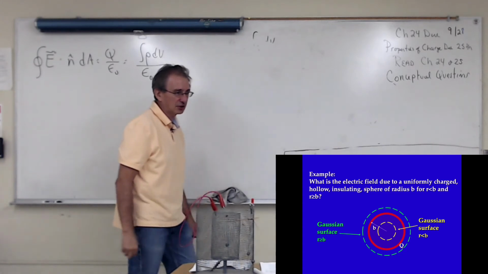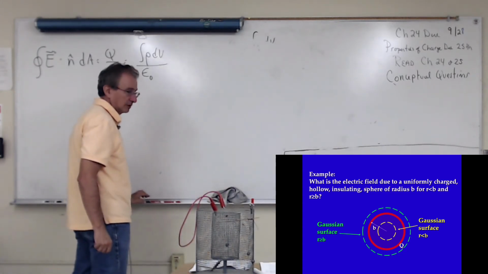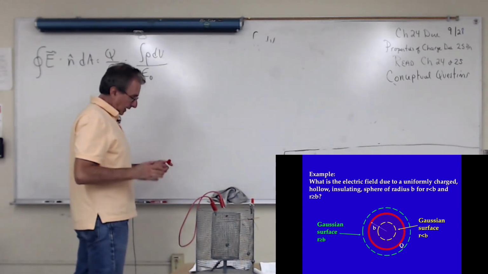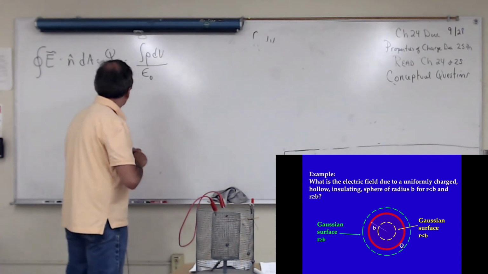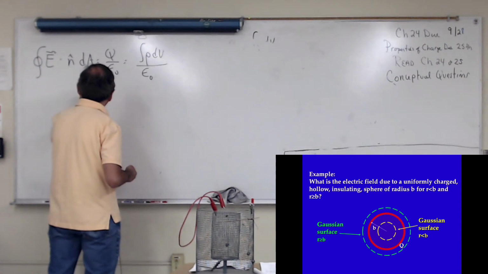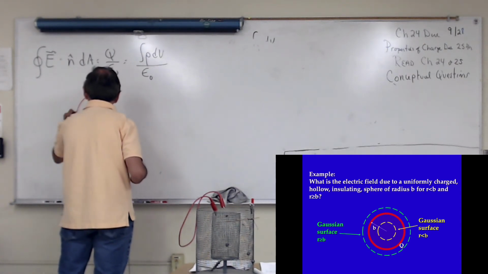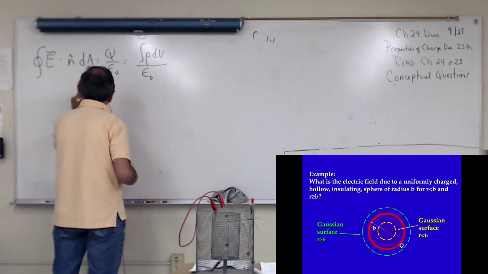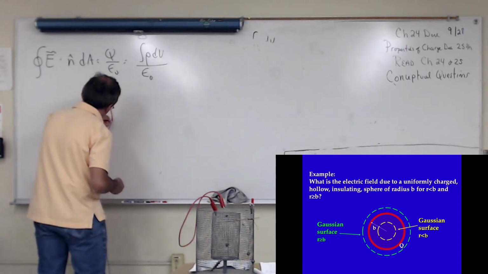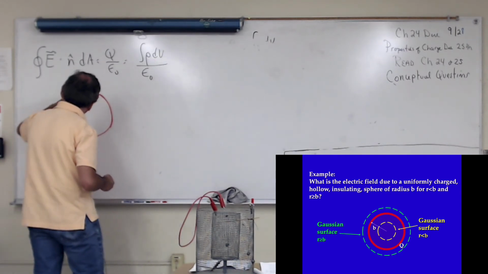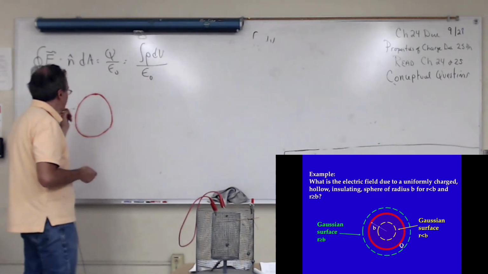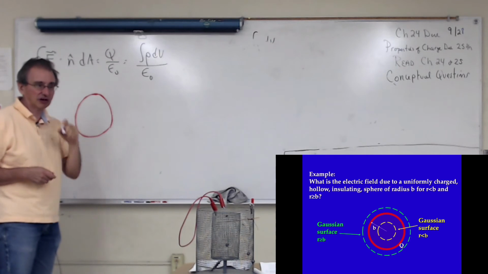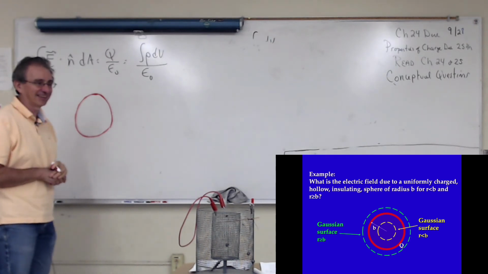All right? So suppose I have a uniformly charged insulator. Not a conductor, an insulator. So that's an insulating sphere. Okay, I know I didn't draw it very well.